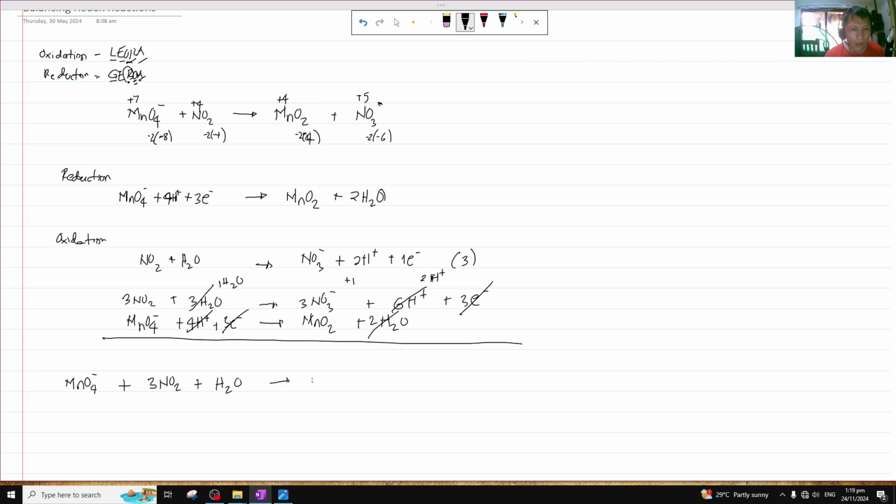So you have MnO2 here, and then plus next is the NO3 negative. So how much? That would be 3NO3 negative, and then you would have a 2H plus. So that is the acid balancing.